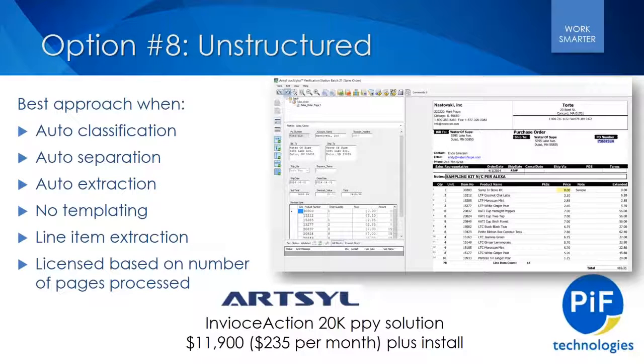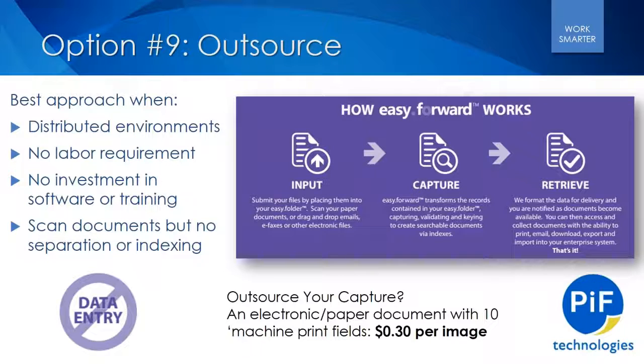Okay, all right, the next thing is unstructured. I'm running short on time, but we're going to go into this in a demonstration. Basically, this is the ability to automate everything. You stick in a stack of papers, and the document system will classify, separate, and extract all the data, even line item information.